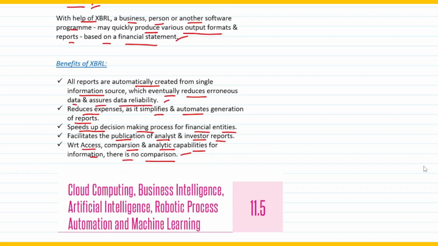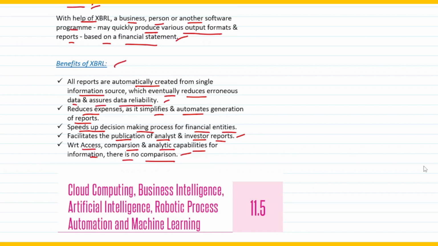It reduces expenses because it simplifies and automates generation of reports. It speeds up the decision making process for financial entities. It facilitates the publication of analyst and investor reports. And with respect to access, comparison and analytic capabilities for information, there is nothing better than XBRL.